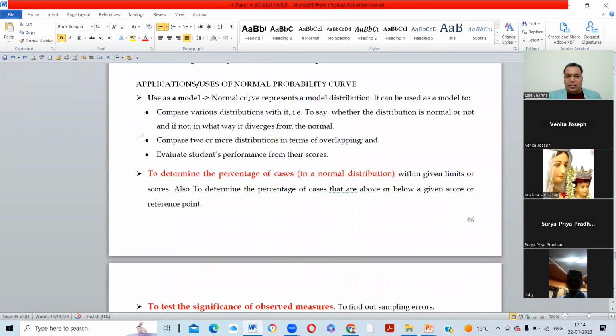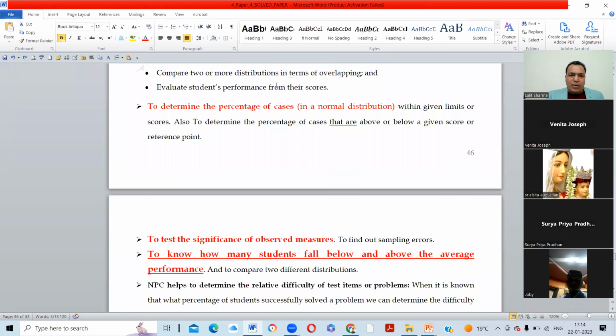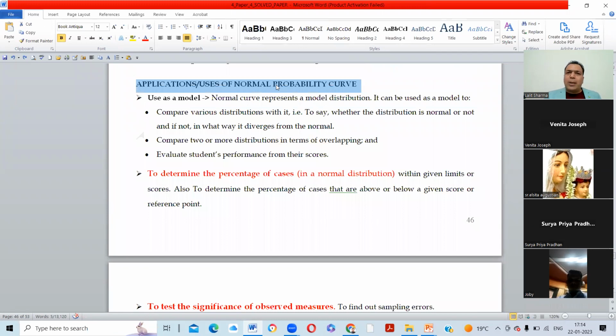Then, next, applications of the normal probability curve. Now we have come to understand what a normal probability curve is. The mathematician Gauss first derived it, and it is also called the Gaussian curve. Now the question comes, what are the applications? Why do we learn the normal probability curve?